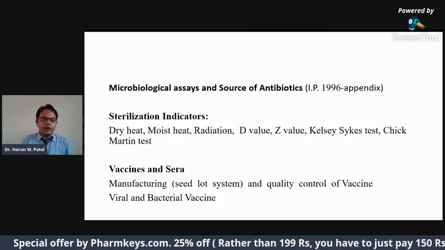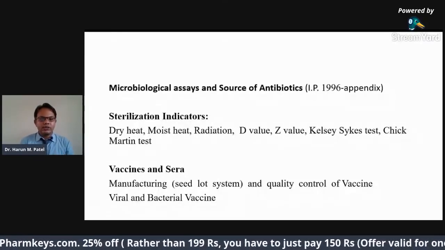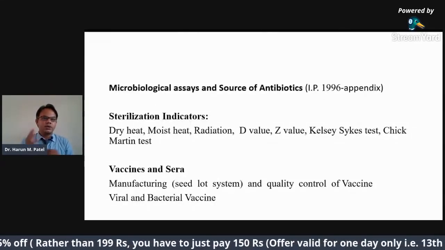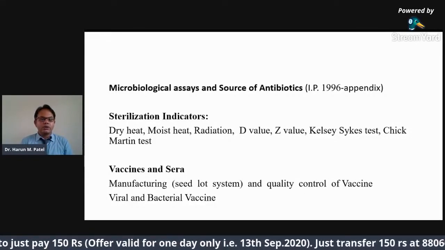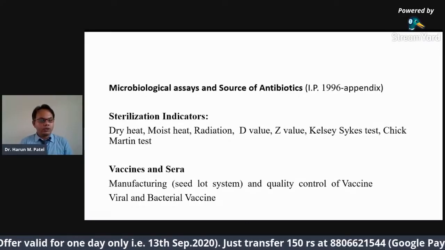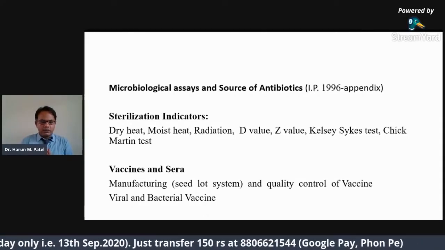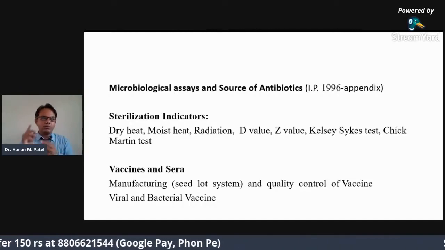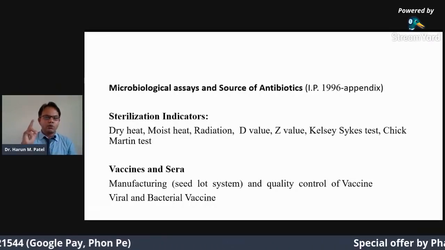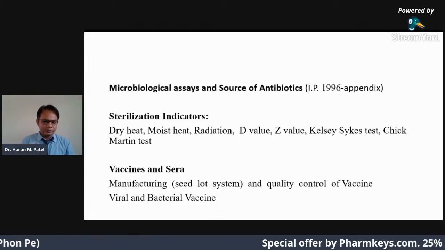For sensitive material, for example gloves and other things which are quite sensitive to heat, we go with a radiation type of sterilization method. So you should, in brief, properly read about these three methods of sterilization: dry heat, moist heat, and radiation.